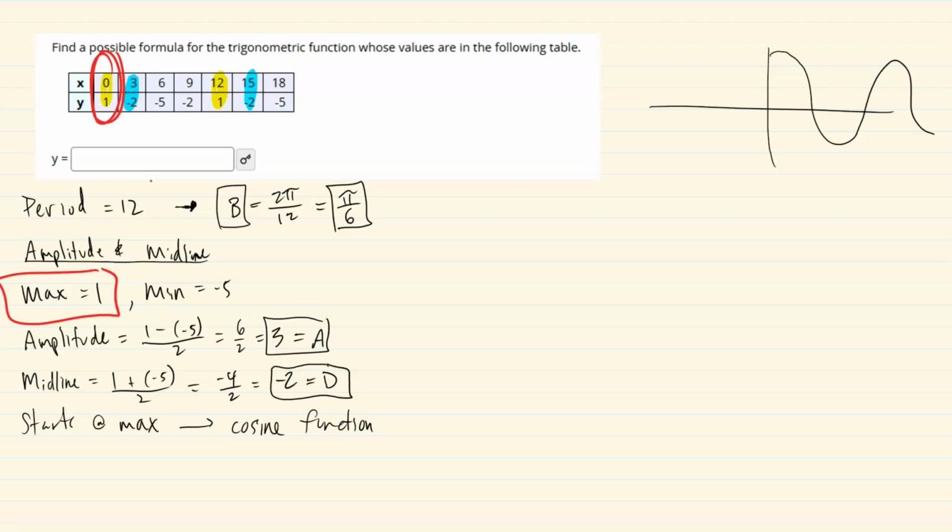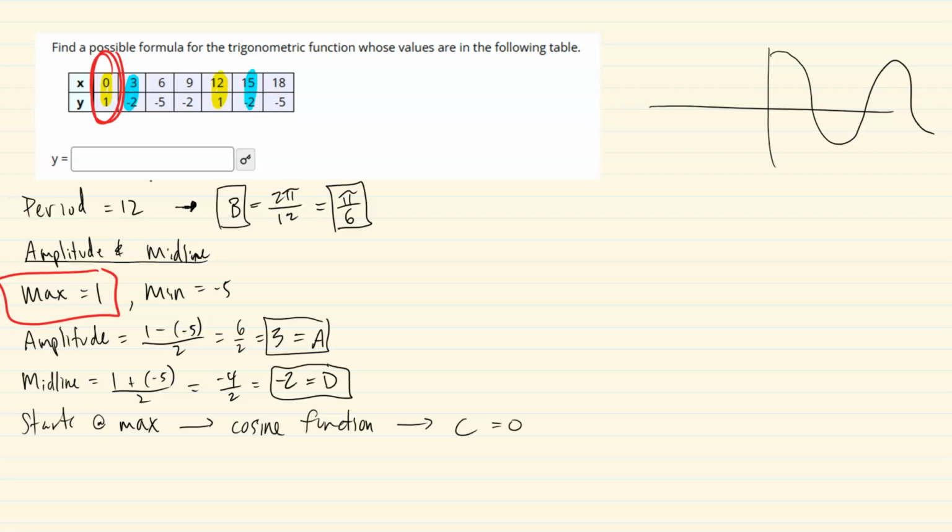So we would go ahead and use a cosine function, and there's no horizontal shift because we're starting at the max, exactly. So we will not have a c value. That also tells us that c is equal to 0.